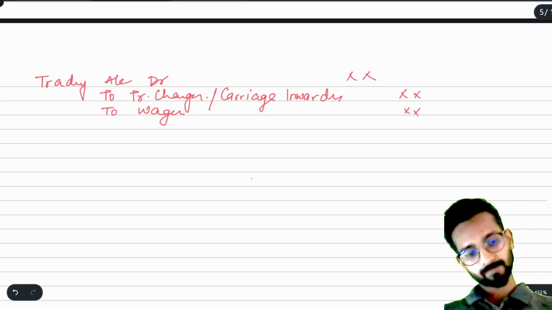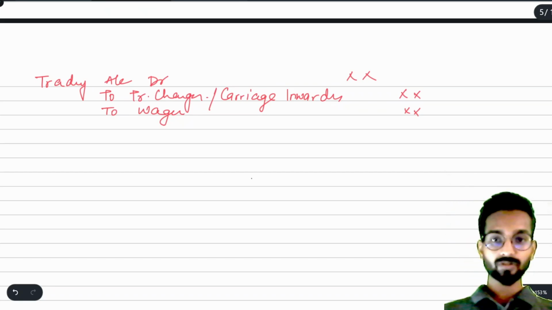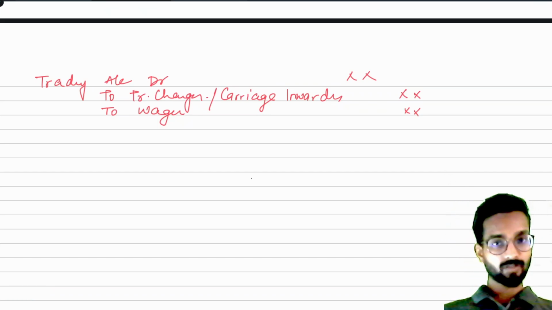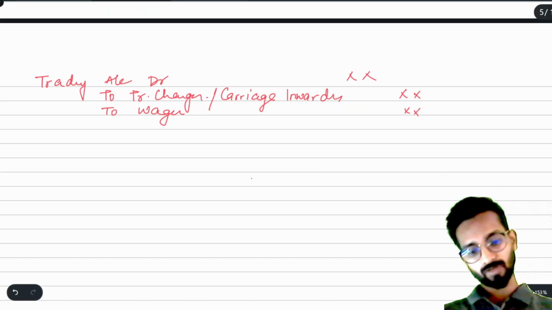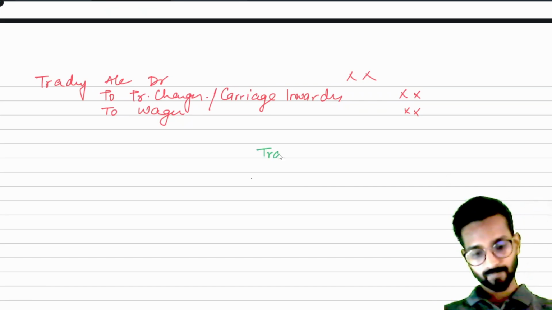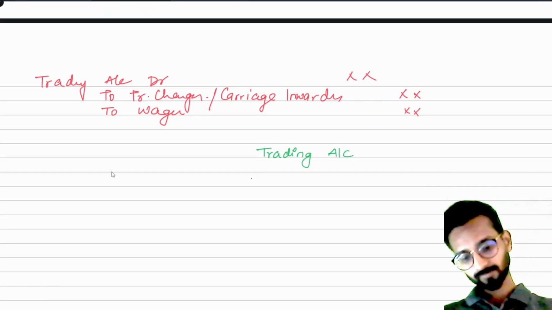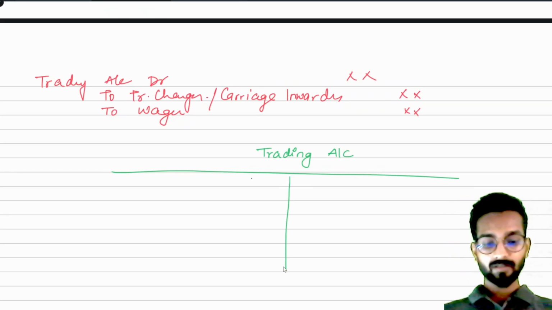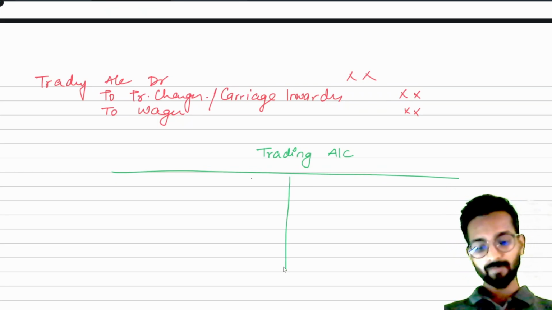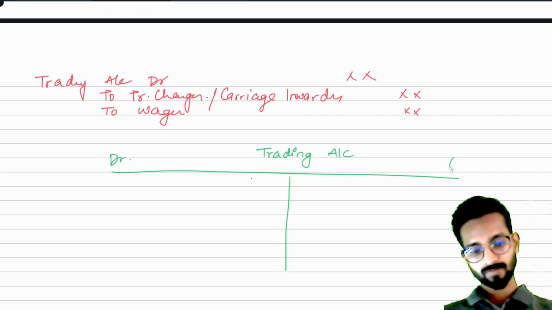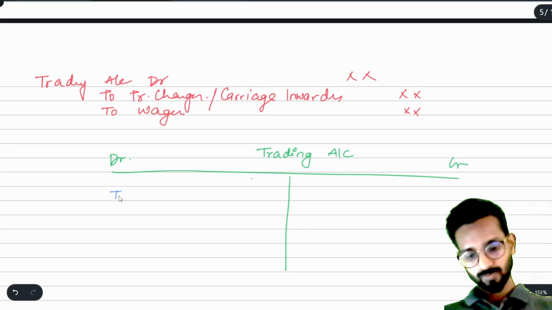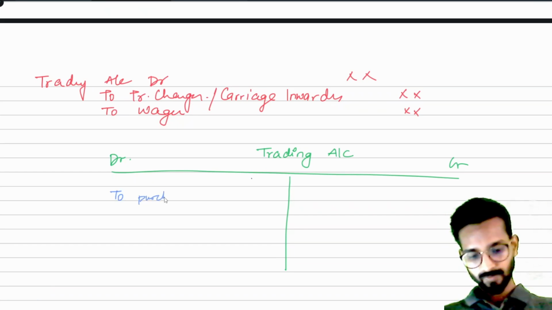Now after this, while preparing trading account, why are we preparing gross profit again? If I prepare trading account now, tell me what was the first entry? Trading account debit to purchases.